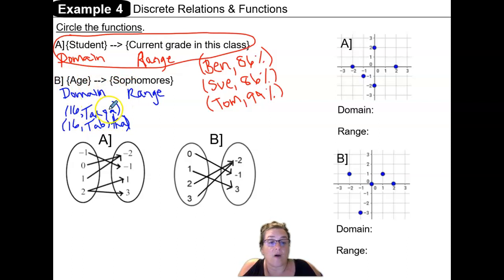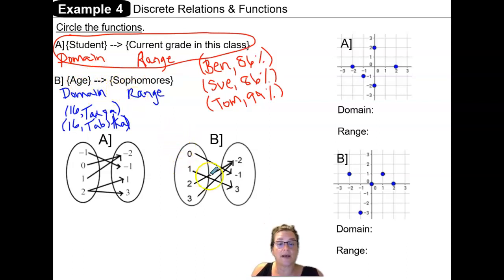I could have a whole lot of sophomores that are all 16 years old. And same is true for 15 years old, or whatever common age is among sophomores. So because I have the same x, two ordered pairs that have the same x but different y values, this is a relation only, right? This example B, age mapping to sophomores, is not a function.